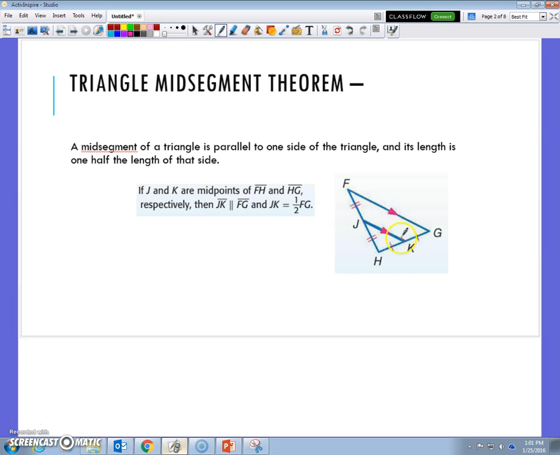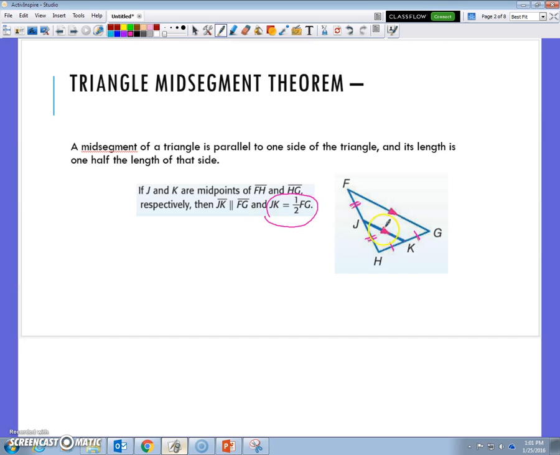Now that midsegment has some properties about it. It says that each side is exactly equal. And it also says that the midsegment is guaranteed to be parallel to the other side. The most important part of the midsegment, or I guess the quickest and nicest trick, is this one.